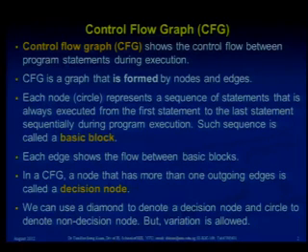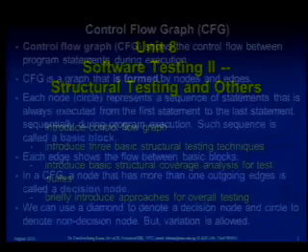This is an important definition, because later when you learn structural testing techniques, you have to use it. Nodes with more than one outgoing edge, we call them decision nodes.